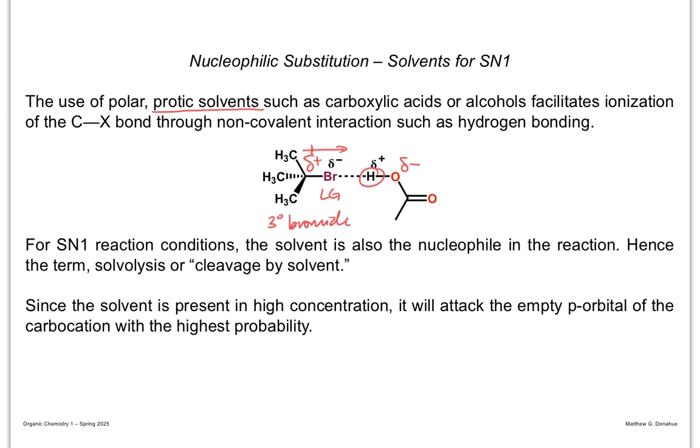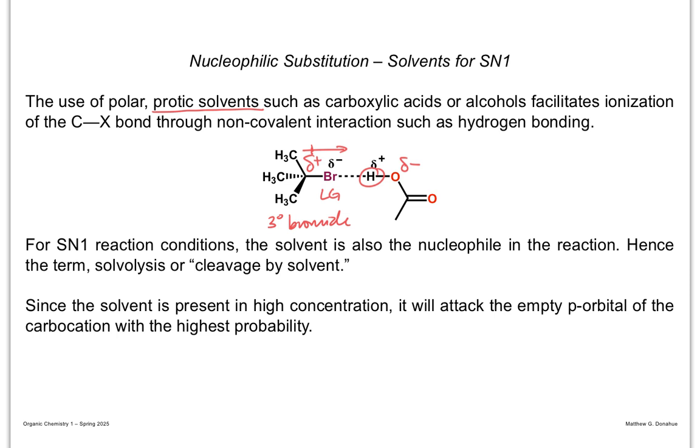So you can think of the H as sort of throwing a lasso around the bromine, or the leaving group, and it's tugging on it. As it tugs on that leaving group, it makes that carbon-bromine or carbon-leaving group bond weaker.